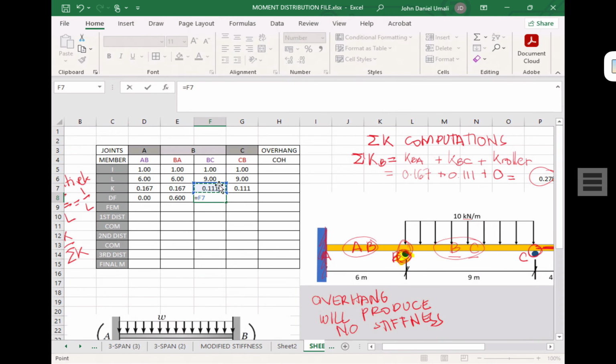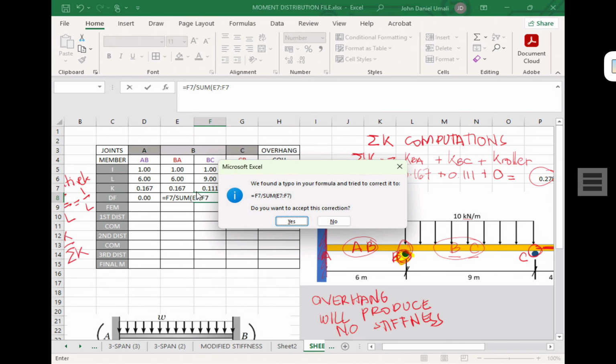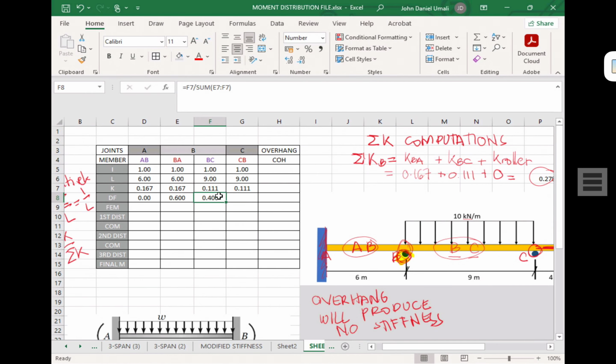I will skip the manual computation, over the sum of these two. Yes. So, 0.4. And when we add the two, we should have an answer equal to 1.